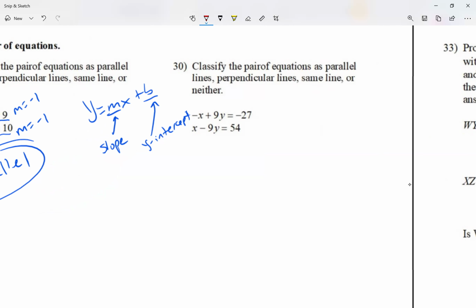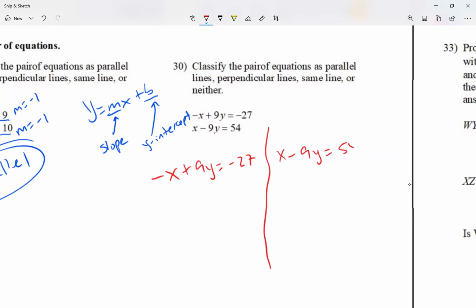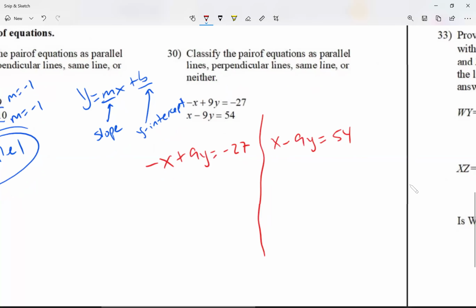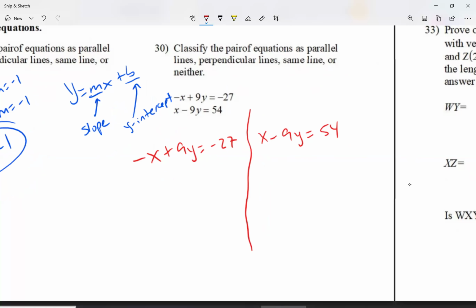Let me take a look at my first line: -x plus 9y equals -27. Let me separate it because my other line is going to be x minus 9y equals 54. I'm going to be comparing my two lines, and I really want them as y equals mx plus b. So I want the y by itself. The first thing I'm going to do in my first line, my -x, I'm going to move it to the other side as a +x.